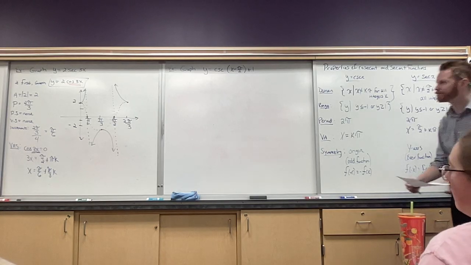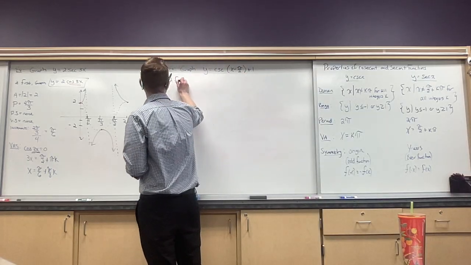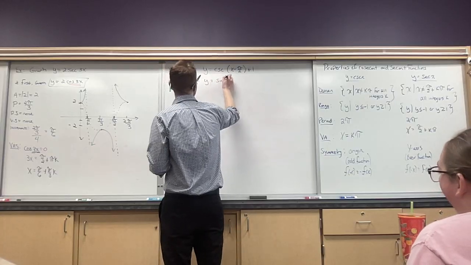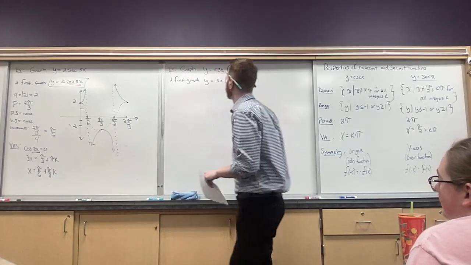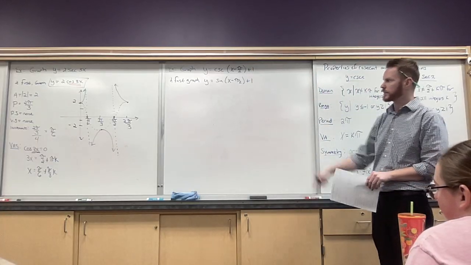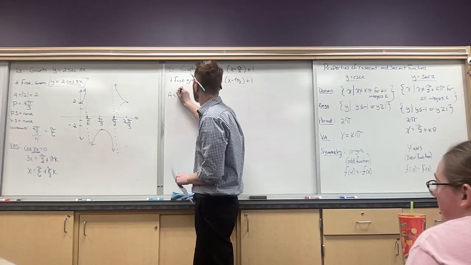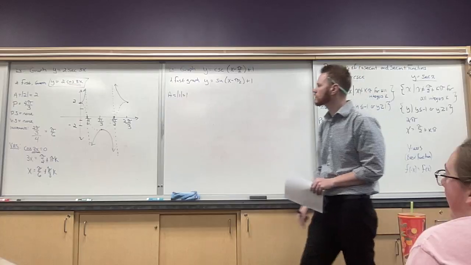I'll put here, we're going to first graph y equals sine of x minus pi over 2, plus 1. We're going to list all the characteristics like I did over there. So let's start with the amplitude first. It's just 1, because there's nothing in front of there.